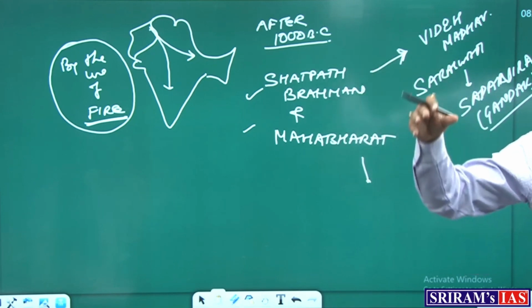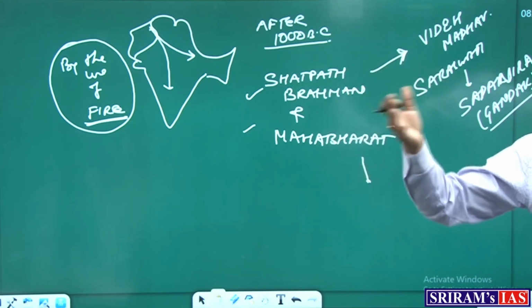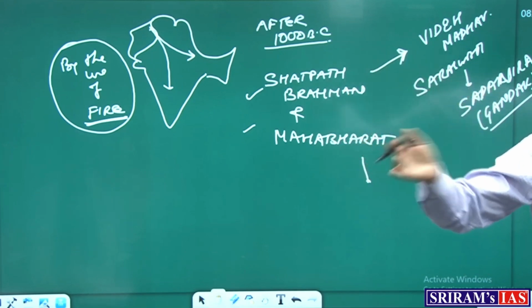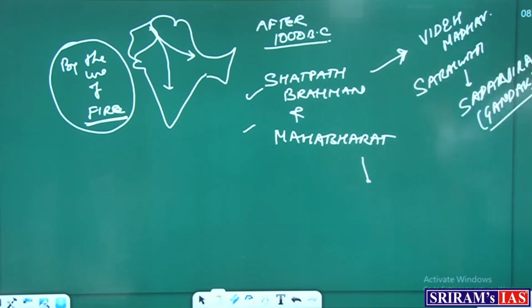So cities like Ayodhya, Banaras, Patliputra developed much later than Kuru and Panchal. And Ram was the hero and king of that Ayodhya region. So it is difficult to find which one is older. Ramayana and Mahabharata also developed in the same time, after 1000 BC.